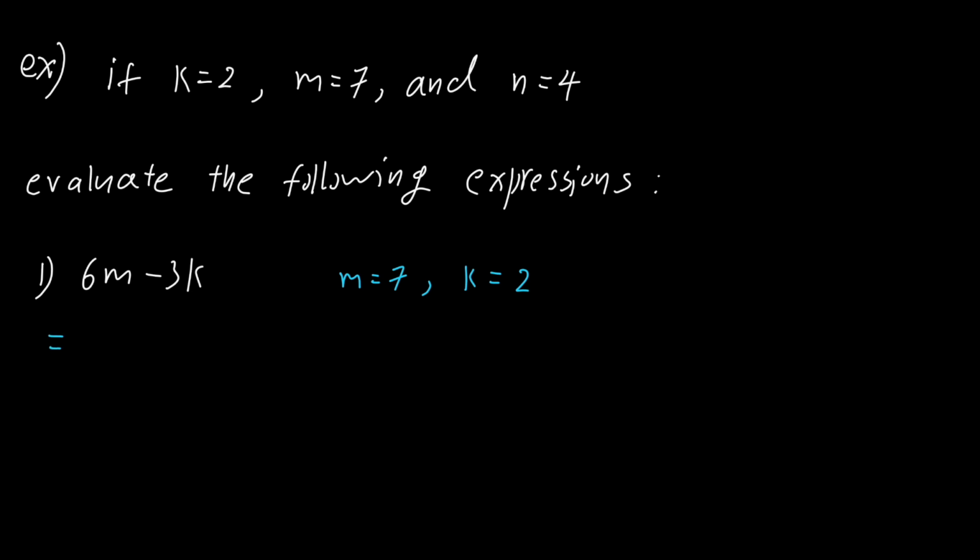So let's say 6 times 7 and minus 3 times 2, because k represents 2. Does it have parentheses? Even though we have a parenthesis right here, it represents multiplication, so just keep that in mind.